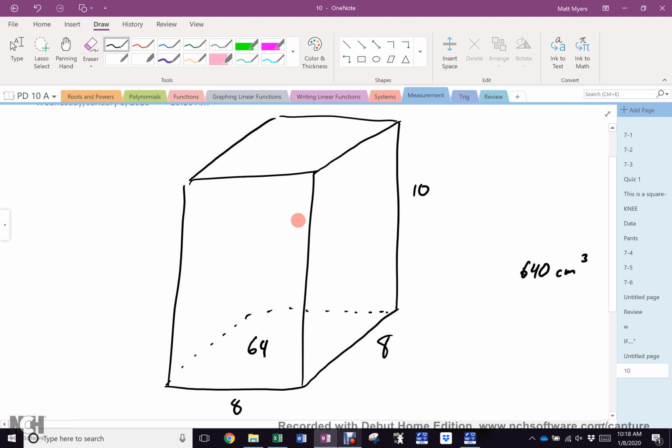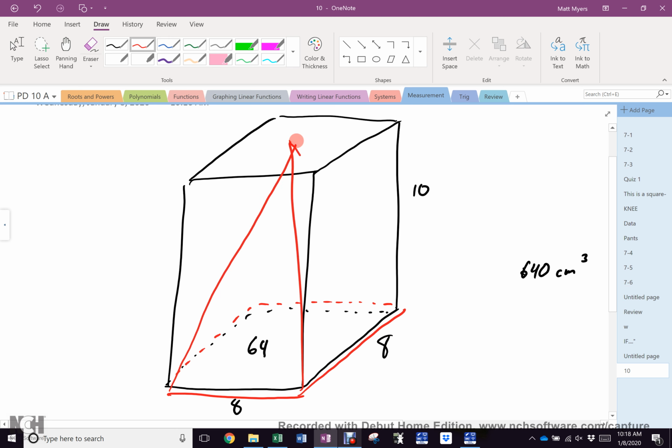How does this, what I've actually drawn, differ from a pyramid? A pyramid is like repeating this more. I would still start here, and I'd still have 8 by 8, wouldn't I? But it would go up to a point, yes?